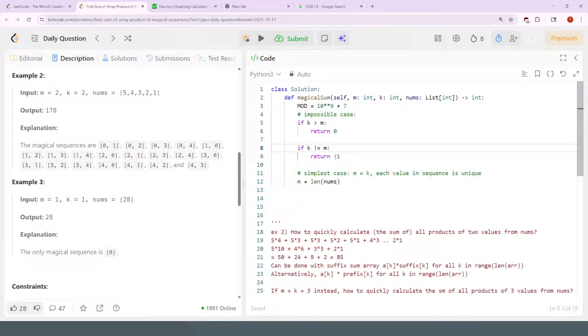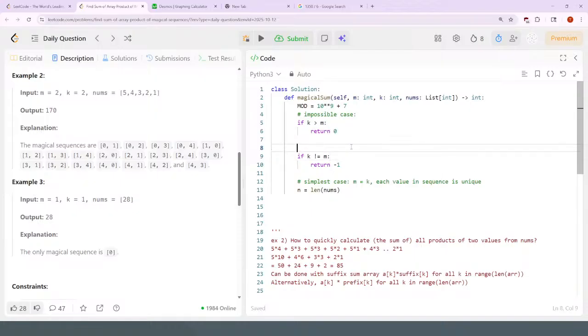K not equal to m. This is a temporary stopgap for not handling the more difficult case, where m is greater than k.